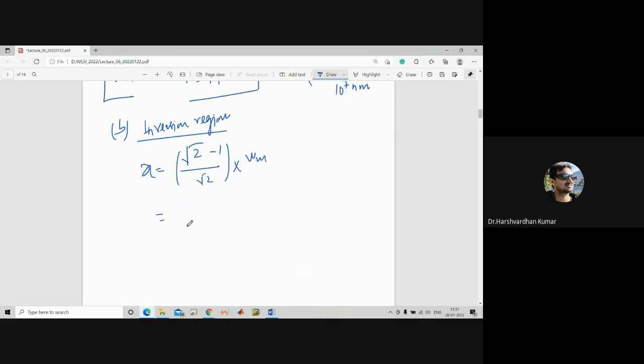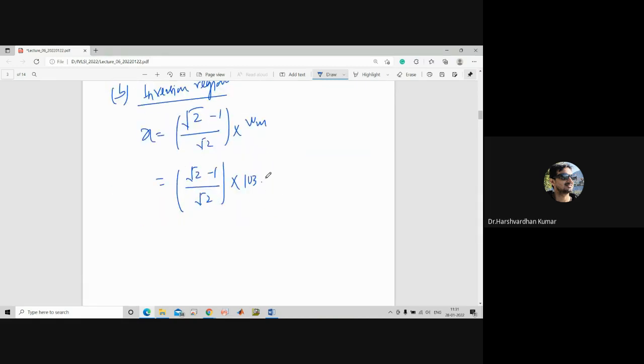So here root under 2 minus 1 by root under 2 multiplied by 103.79 nanometer. So what will be the value here? Now x is the inversion layer thickness.